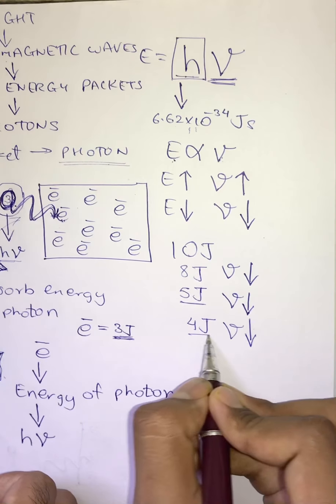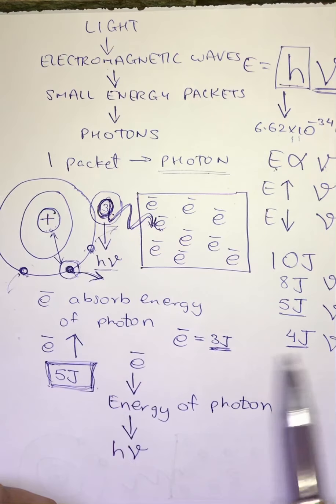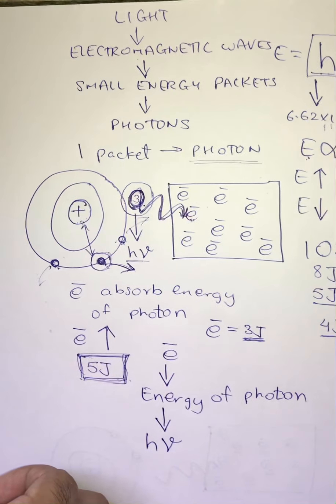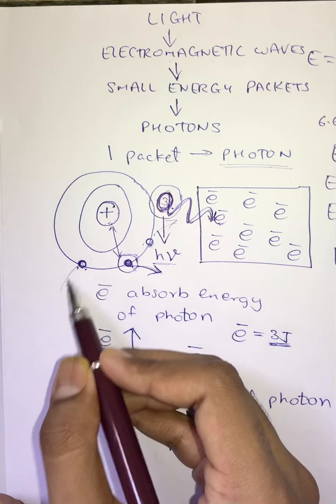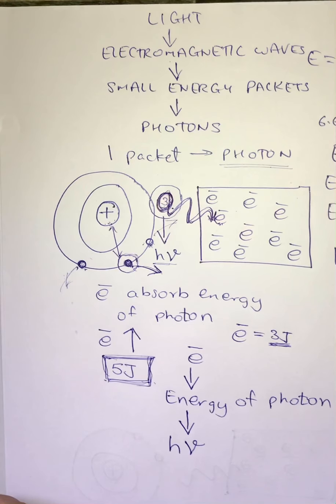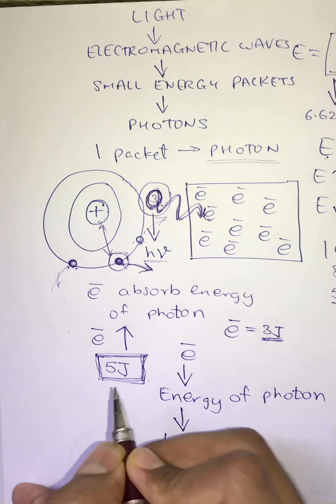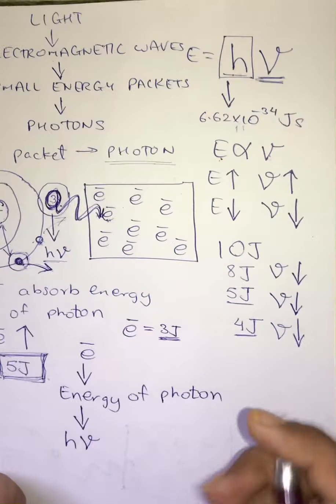So now, will there be emission of electron, which means will the electron be able to come out of the structure of atom? No, because it requires a minimum of 5 joules and we are supplying 4 joules of energy.